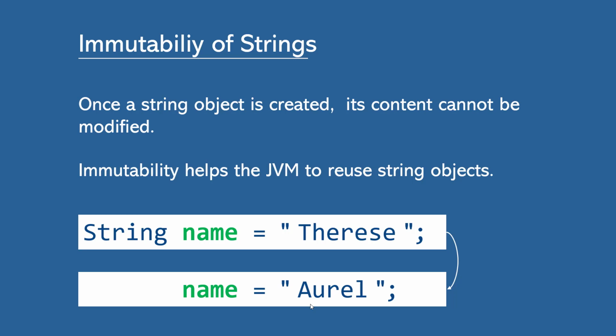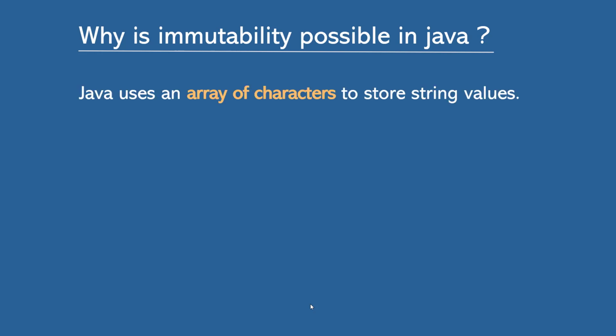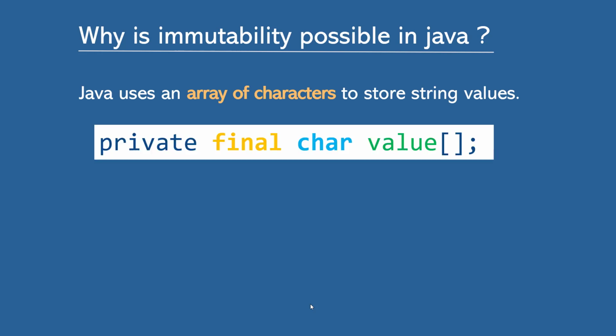Now let's look at something important. Why is immutability possible in Java? This is possible because Java uses an array of characters to store string values. That is, behind the scenes, Java is going to store the value of your string object in a variable which has the following properties: private, final, and of type char.